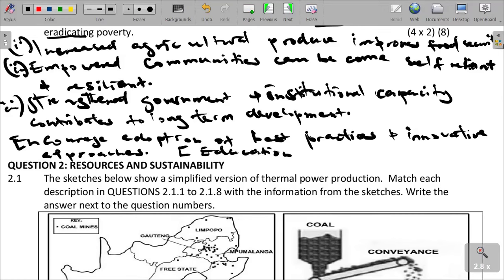Education and training for employability.